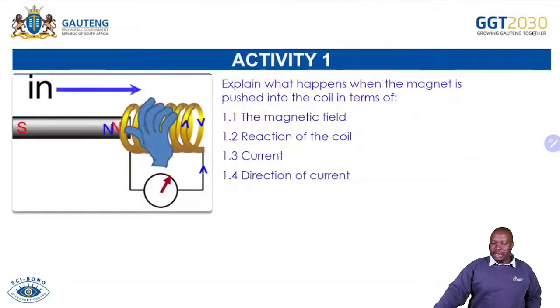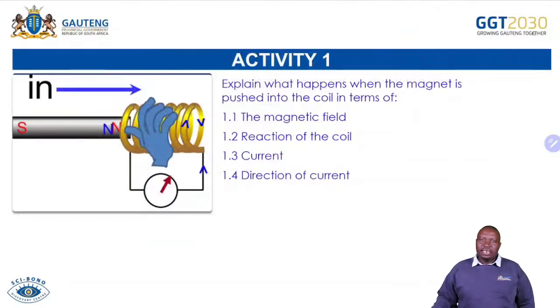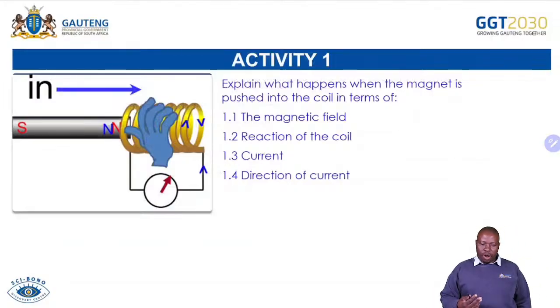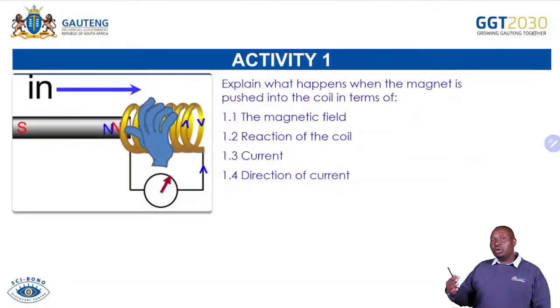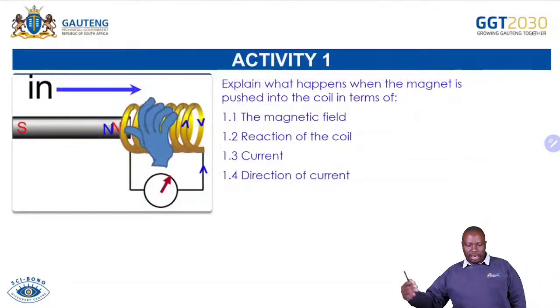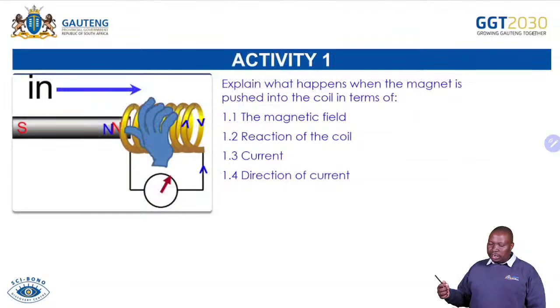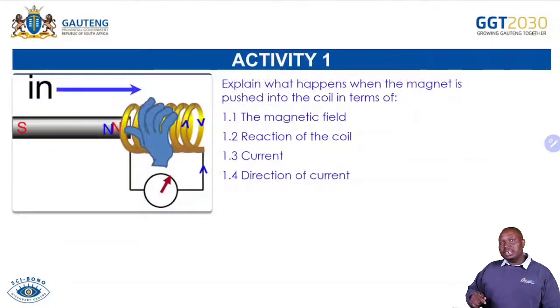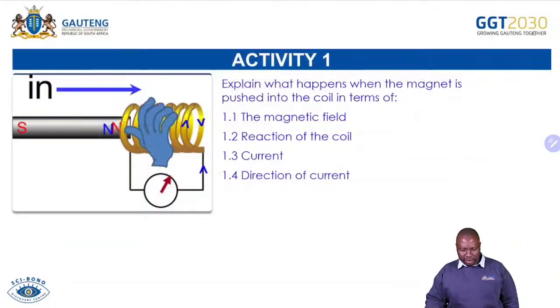Welcome back. I hope you have done the activity and you have enjoyed it. The first thing that we must appreciate is that we are having the magnet. The north pole of the magnet is approaching our coil, and the expectation is that there will be change. As long as there is movement of the magnet into the coil, there will be change in magnetic field.